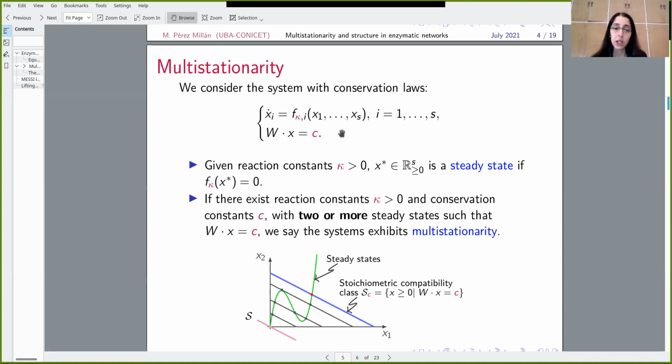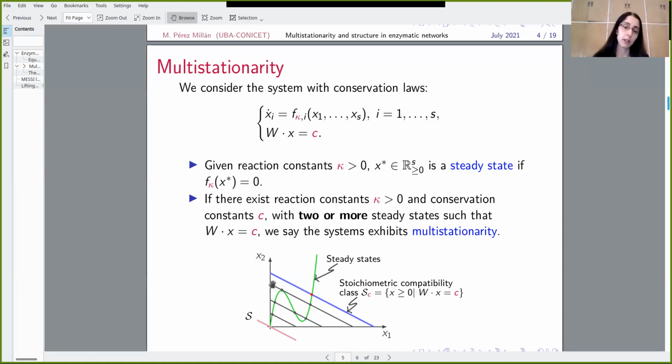And if there exist positive reaction constants kappa and conservation constants C with two or more steady states that satisfy the conservation laws, we say that the system exhibits multistationarity. So you have here the variety of steady states, this green curve down here, and you have the stoichiometric subspace down here, and then these varieties determined by the conservation constants.